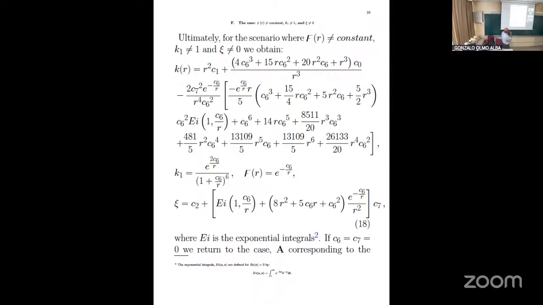In the second, when C6 goes to 0, the exponentials go away, they cancel each other. Then the denominator has C6 squared, but the only problem is the 5r squared and the 5/2r cubed. It's not easy to understand what happens to the limit.